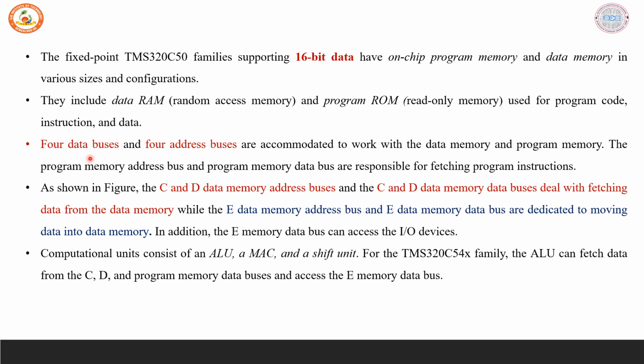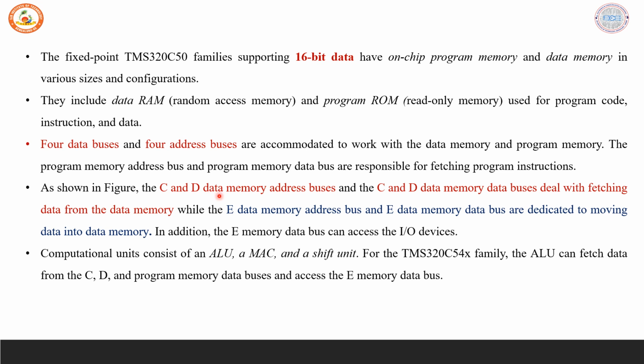4 data buses and 4 address buses are available in total, and these help in the working of the data memory and the program memory. The program memory address bus and program memory data bus are responsible for fetching program instructions.